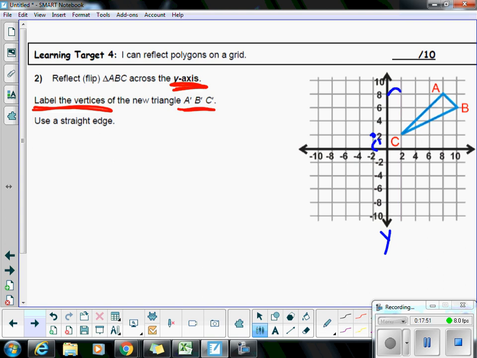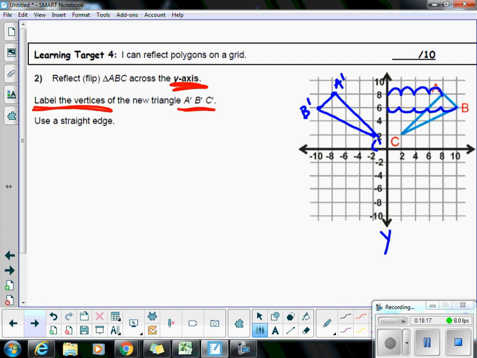If I count 1, 2, 3, 4, A prime is 4 away, just in the opposite direction. So looking at B, we are 1, 2, 3, 4, 5 away. So I'm going to go 5 in the opposite direction and label that B prime. And connect likewise. So that is a reflection over the y-axis.